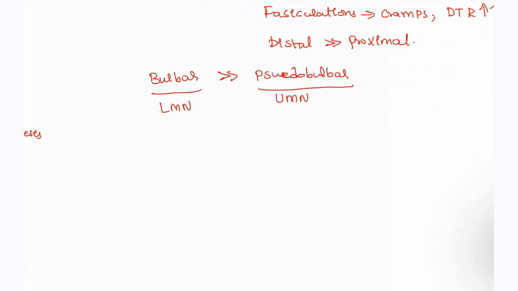Motor neuron disease is seen in this patient. Bulbar usually causes flaccidity, and in pseudobulbar there will be spasticity present. So this is the difference between these two conditions.